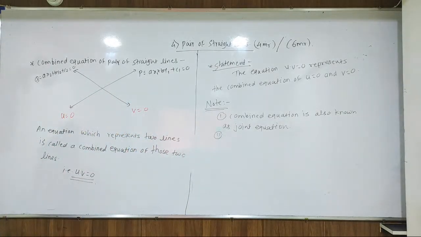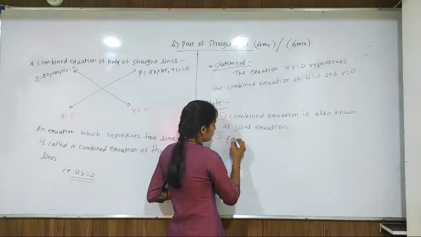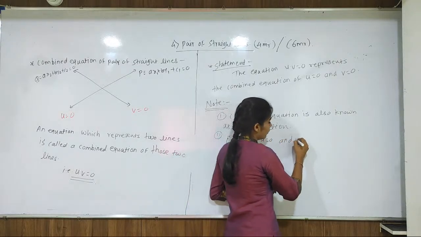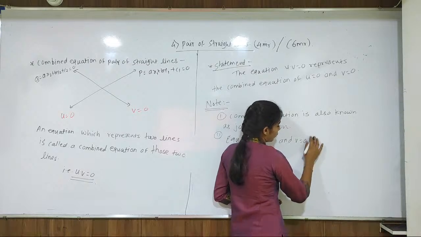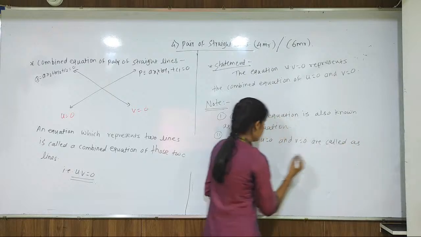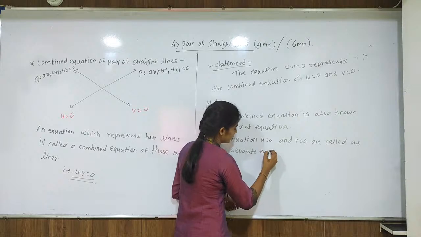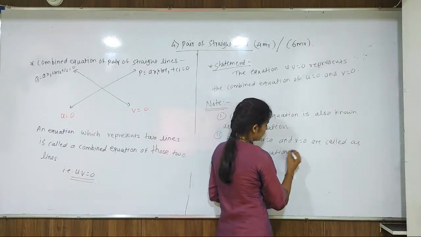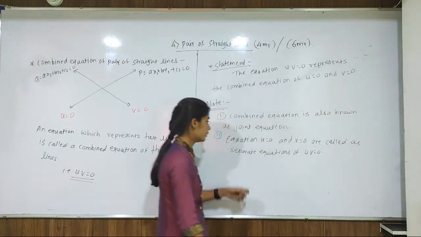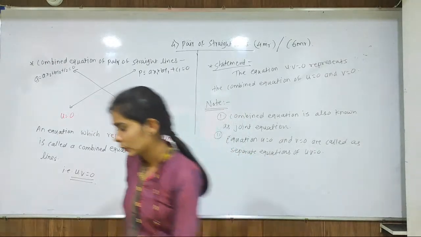Okay, write down the next note. Equations u is equal to 0 and v is equal to 0 are called separate equations of u into v is equal to 0. u and v are the separate equations of u into v is equal to 0.